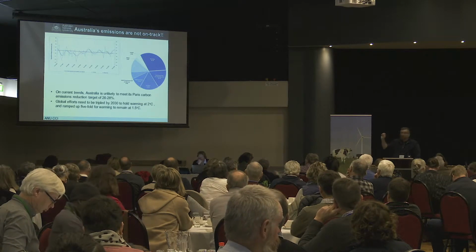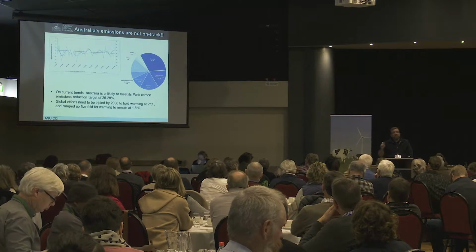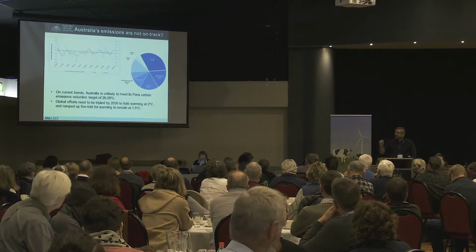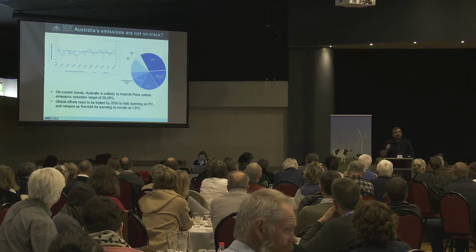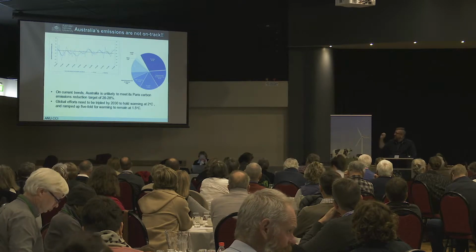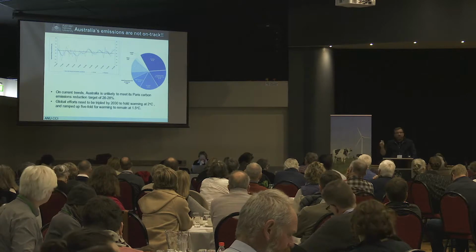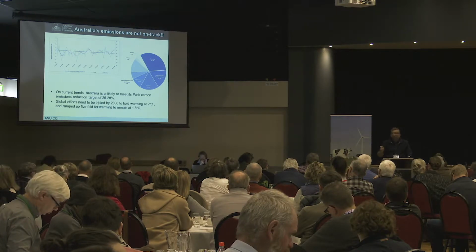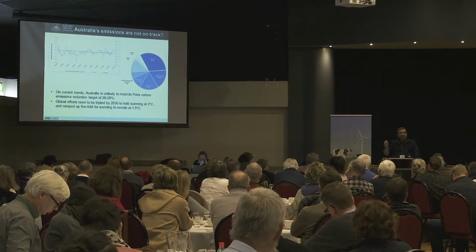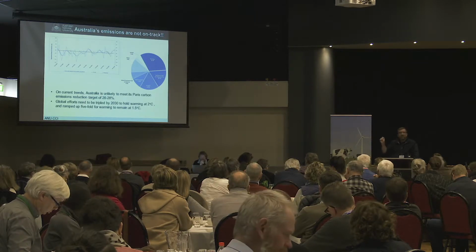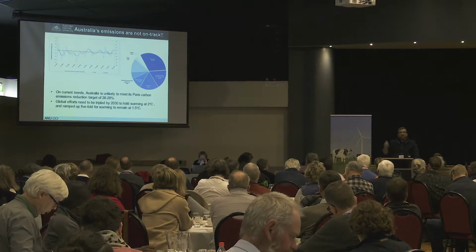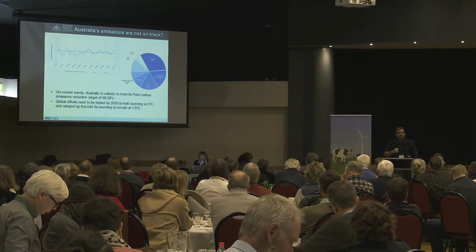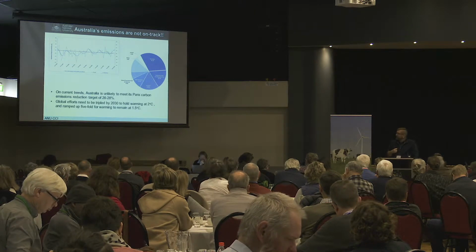There was a report released very recently by the UN that was fairly concerned about the current trends in Australian emissions, and said that it was unlikely that Australia would meet the Paris carbon emission reduction target of 26 to 28%, given the trends we're seeing in the accumulation of greenhouse gas emissions.